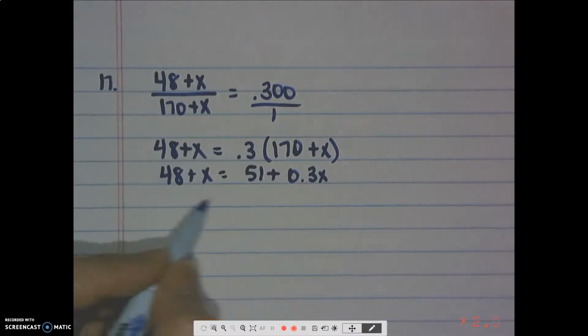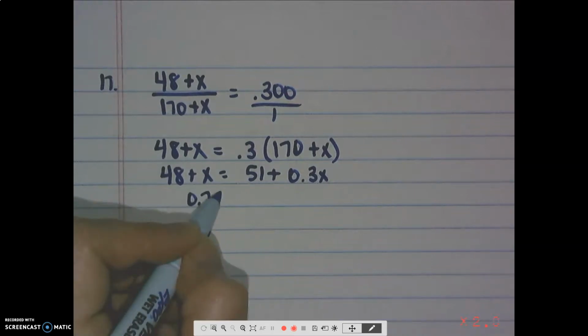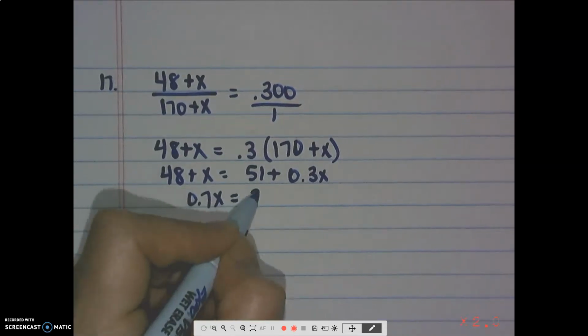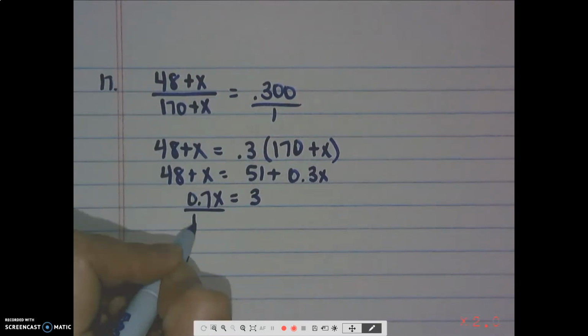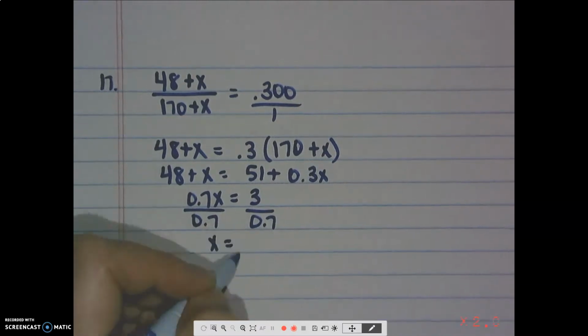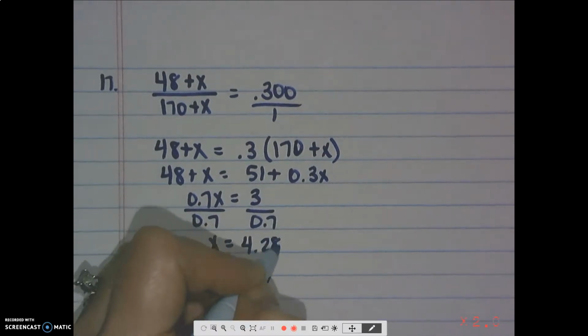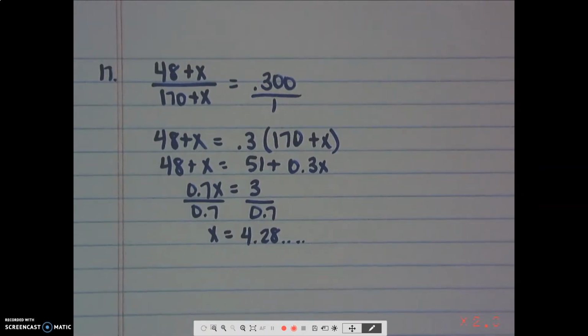Getting our x's to the same side here, so when we move those over, we would get 7/10 x, and moving this over, we would get 3. Now, when we divide both sides by 7/10, we're going to get 4.28, and it's going to keep going on from there.